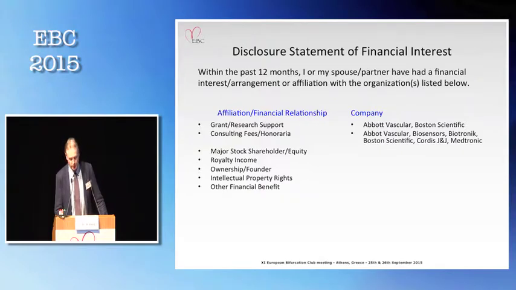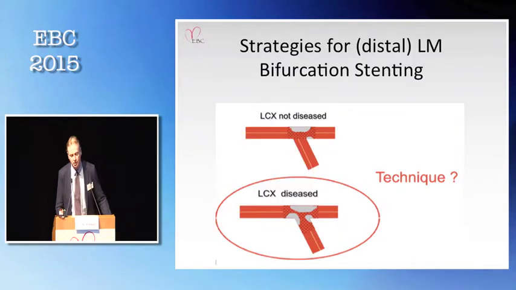And of course, we also know very well that the main problem with stenting, especially if you use two stents, is restenosis at the ostium of the circ. If you use one stent, there is no big problem, and of course we recommend using one stent if possible, but it is not always possible.